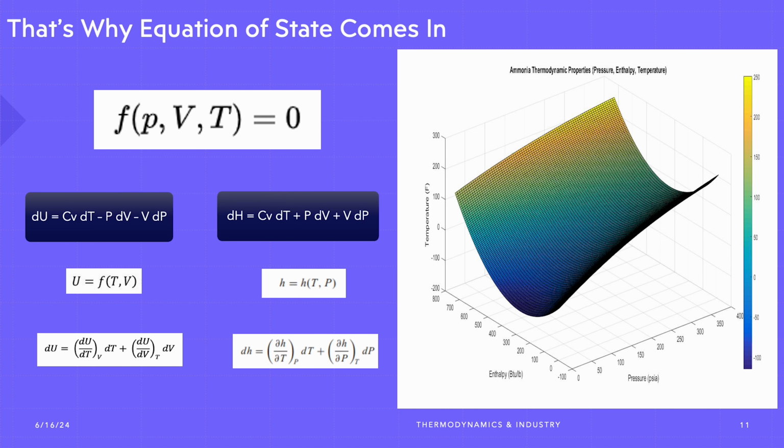Right. That leads us to the construction of phase diagrams such as the one shown for ammonia. Because of that, I can basically say enthalpy can be completely defined by pressure and temperature. And that's how we can mathematically model all these phase diagrams.